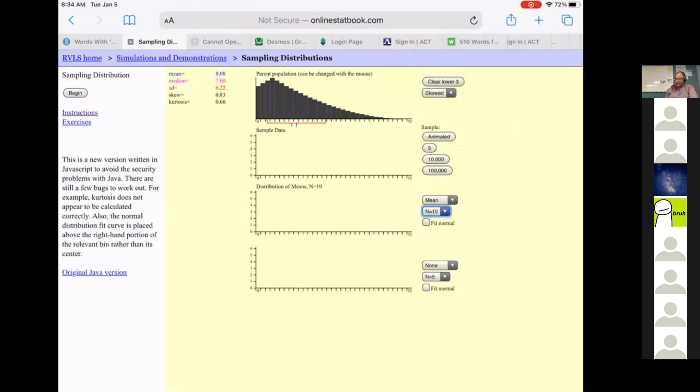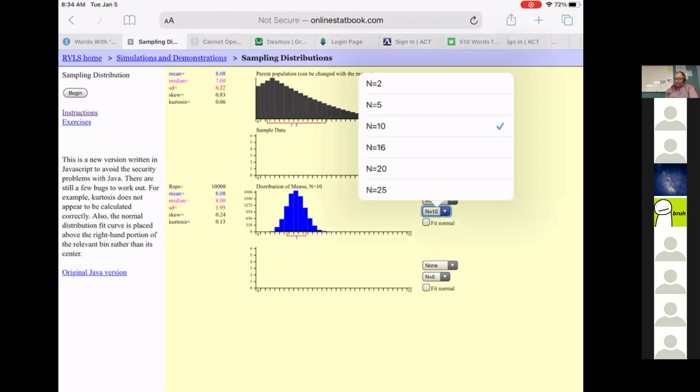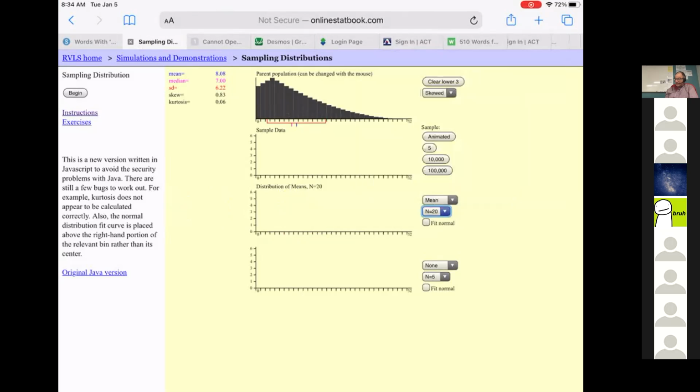If I bump that up to size 10 and I do 10,000 of those, now it clearly is normal. Okay. And even if I go higher, I go up to 20 and I do 10,000 of those, again, my sampling distribution, even though it came from a skewed population, is going to be normal. So therefore, I can do normal calculations if my sample size is large enough.